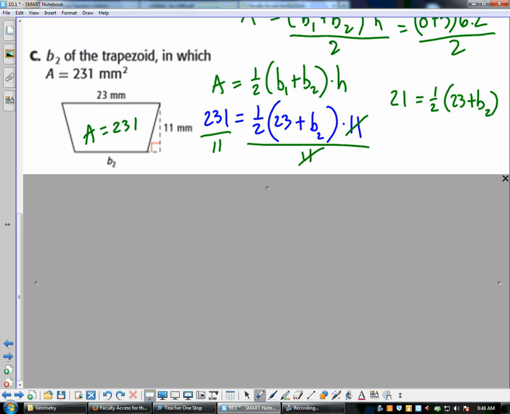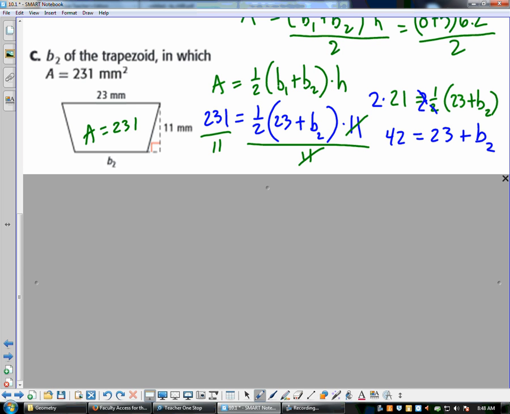Anna? Divide by 0.5. All right, divide by 1/2 on both sides, or you could think of it as multiplying both sides by 2, because the 2 here will divide out with the 2 there. So I get 42 equaling 23 plus B2.